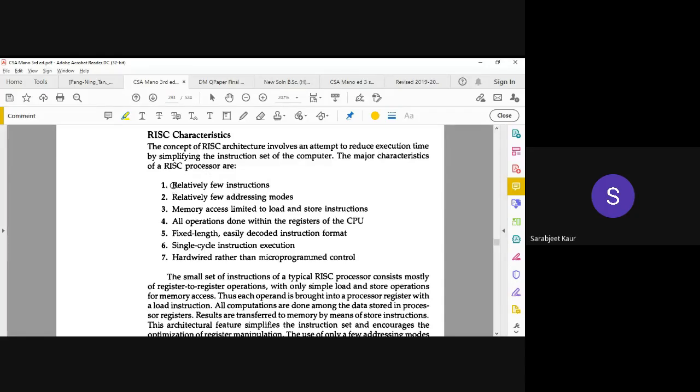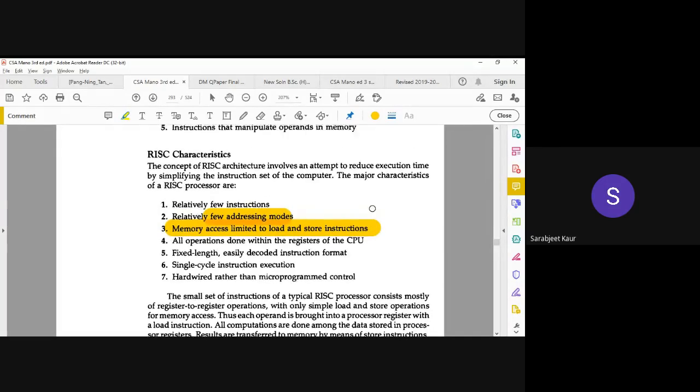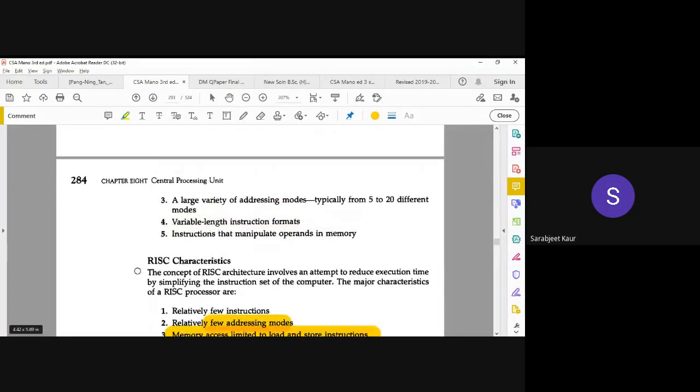wherein it was emphasized that we should restrict ourselves to very few instructions, okay, very few addressing modes, okay. Then memory access should be limited to load and store instructions. So here you can see that, a large number of operands were allowed to be continuously accessed and stored in the memory.